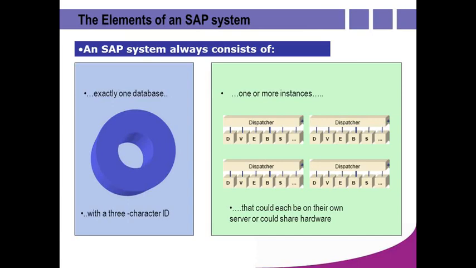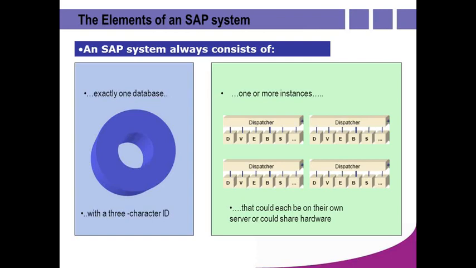What the SID is, we'll see clearly tomorrow. It is a 3-letter word. There are some conditions and principles we need to follow when giving the 3-letter name to your system. We will see that tomorrow. To call that system or database, we have to give one SID.